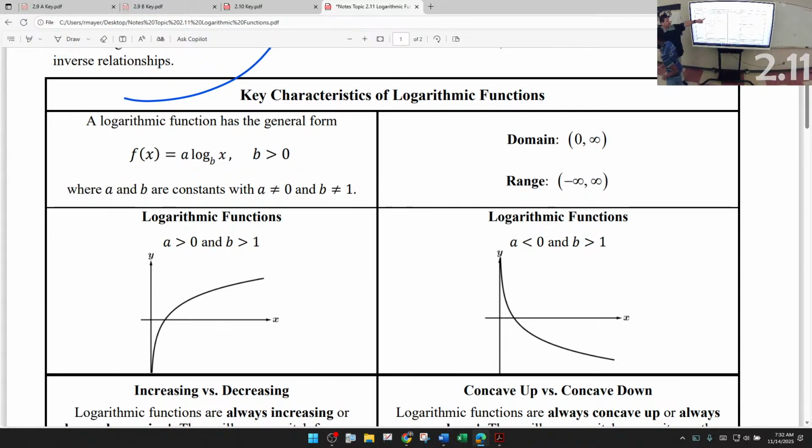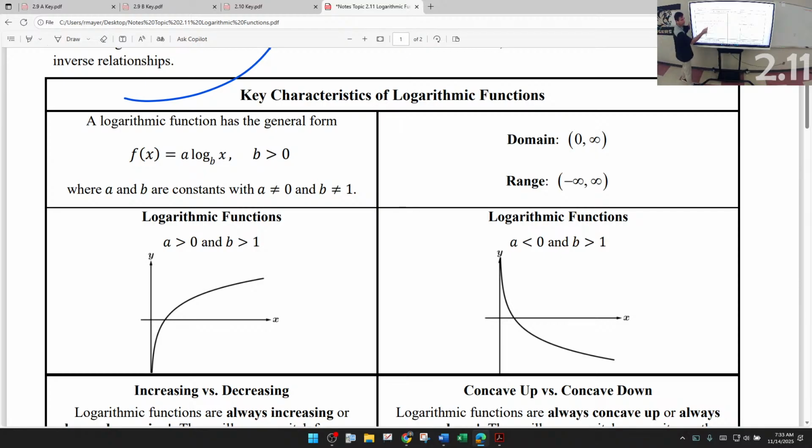A logarithmic function has the general form y = a log base b of x, where b has to be greater than 0. b will never be negative. That base can't be negative because that really messes graphs up. It just bounces back and forth. Where a and b are constants, of course, a can't be 0, because if a was 0, then the whole thing's 0, and we don't even have a function. b can't be 1, because if b was 1, then it would be just a constant at 1, because 1 to any power is 1.